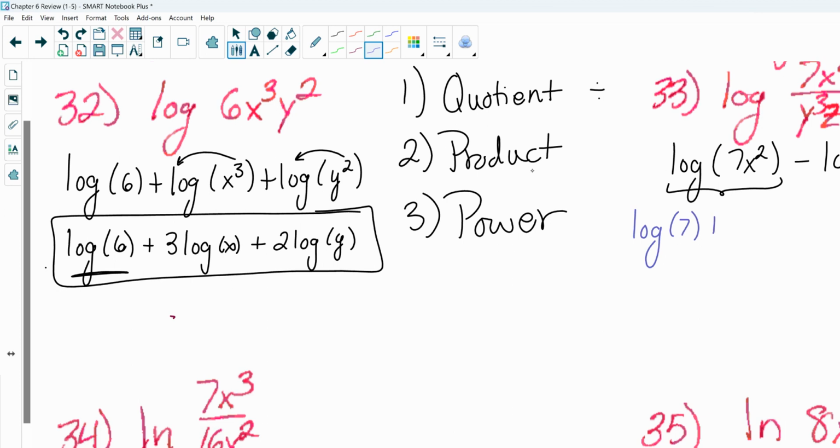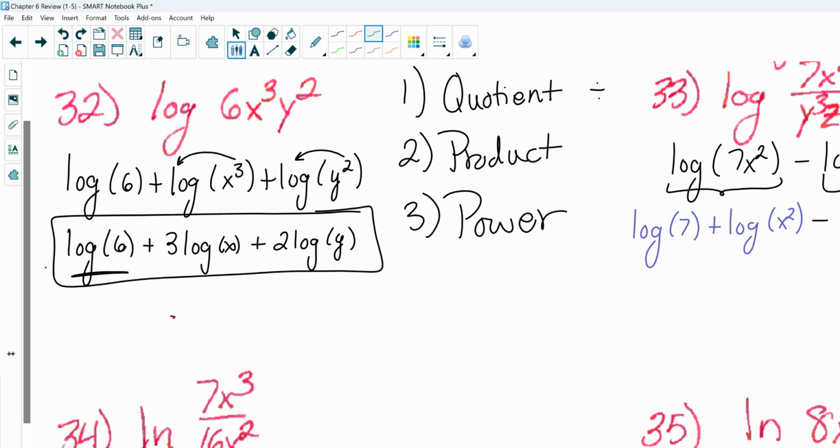It would be log of 7 plus log of x squared. Minus, we can do the same thing here. And we'd have log of y cubed and log of z squared.